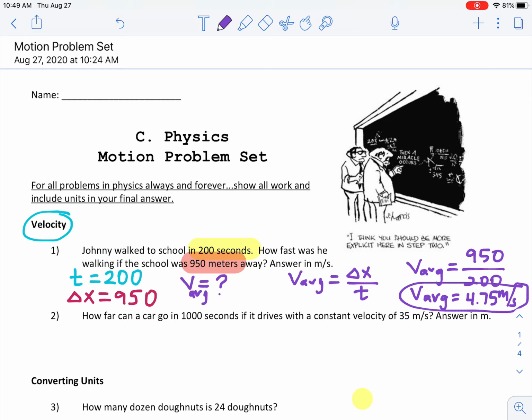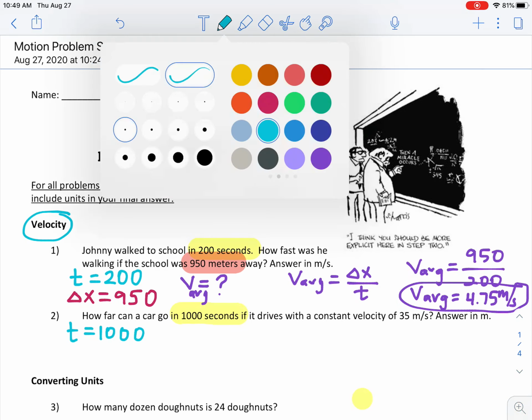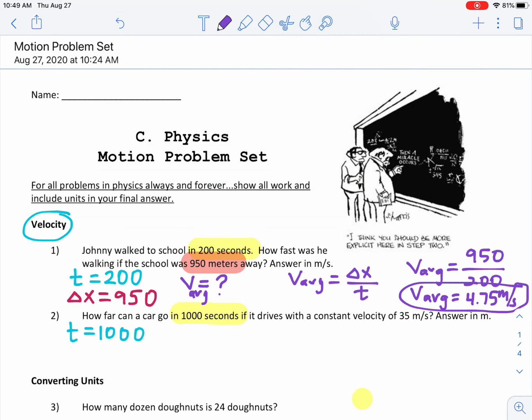Okay, number 2, how far can a car go in 1,000 seconds? Same process. That 1,000 seconds is going to be a time. Time, remember, we write in physics as T. So I'm going to write T equals 1,000. Keep going. If it drives with a constant velocity, constant is another way of saying average.